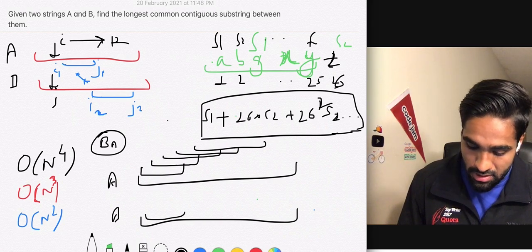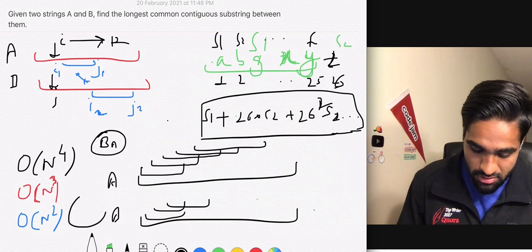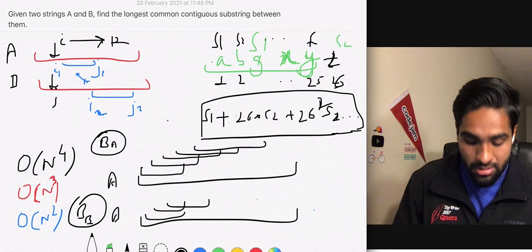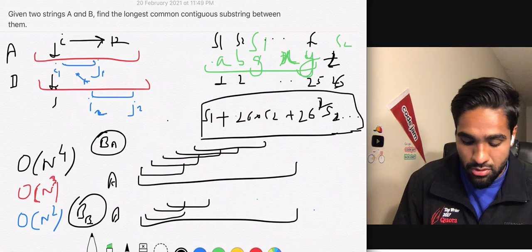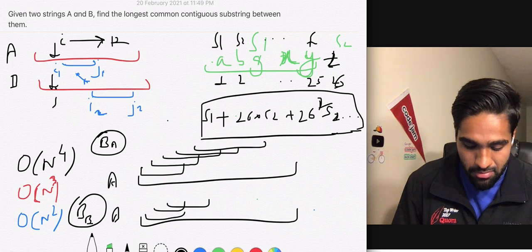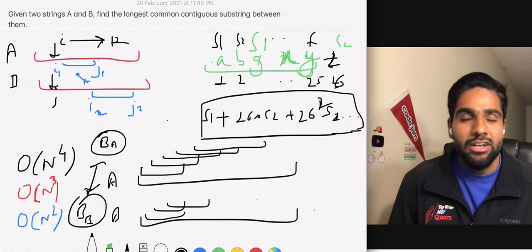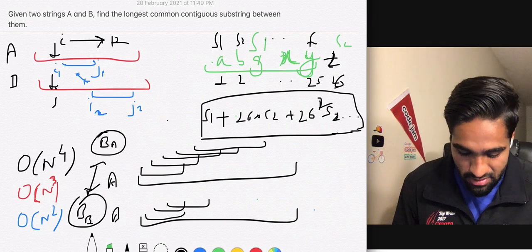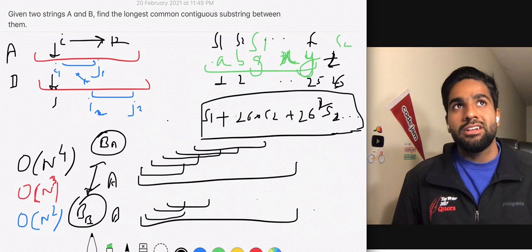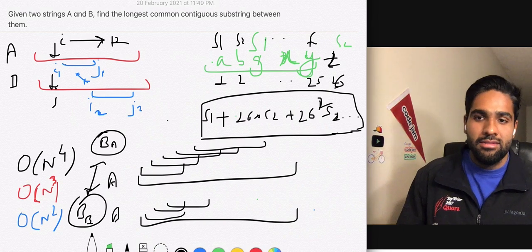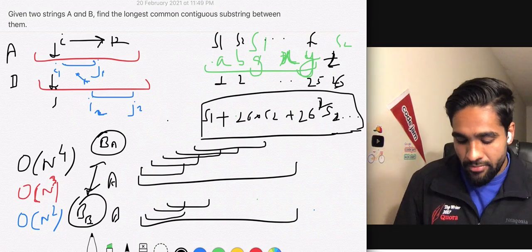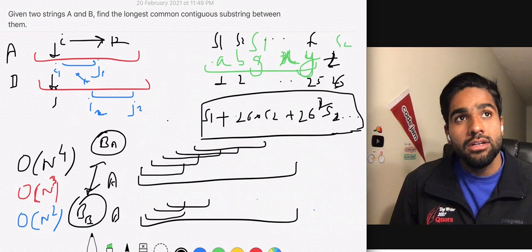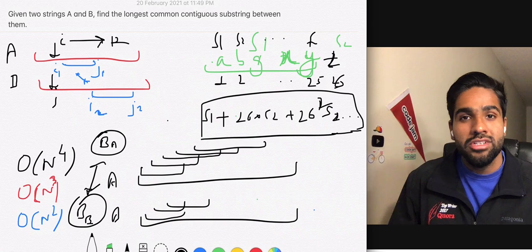Do the same thing for b, put them in another bag called b of b. Now we're trying to say, do we have the same integer in bag A and bag B? For that, you can simply take a hash set or just an unordered set in C++ and iterate through elements in one bag and see if it's present in the other bag. That's in order of size of bags, so you can determine whether an integer is present in both of them.